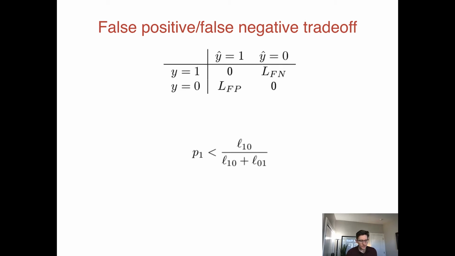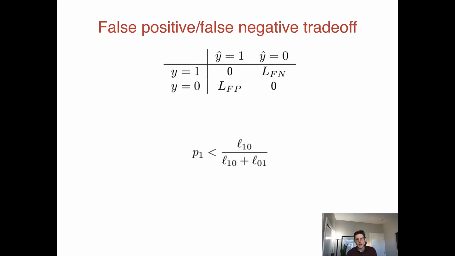Now, in a lot of cases, like that disease prediction case I showed in the last slide, there are different costs associated with making a false positive, that is predicting 1 when the true label is 0, relative to a false negative, that is predicting 0 when the true label is 1.